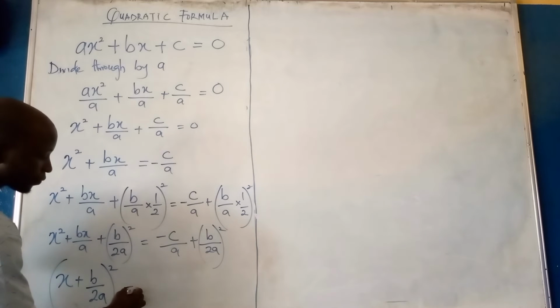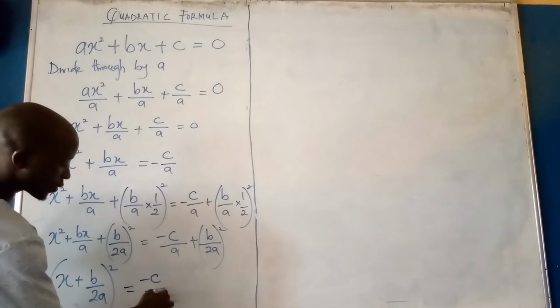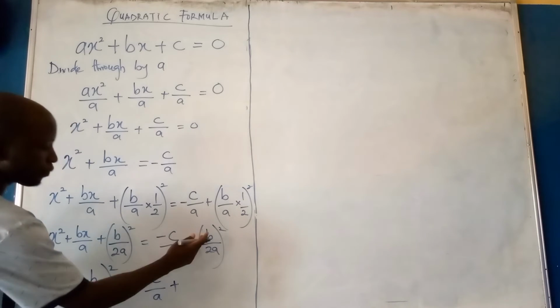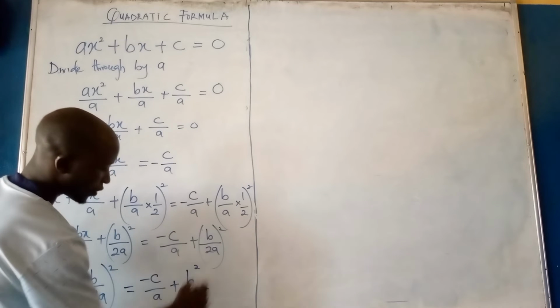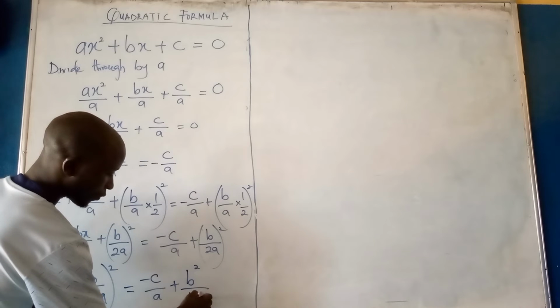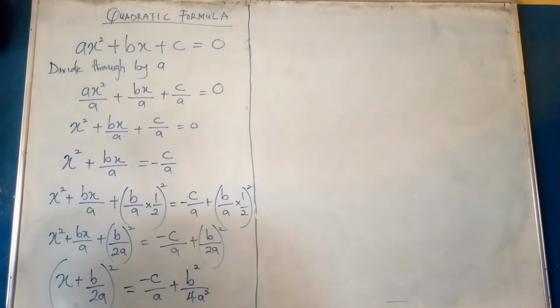Then equals minus c over a plus b squared divided by the square of all this, which will give us 4a squared.